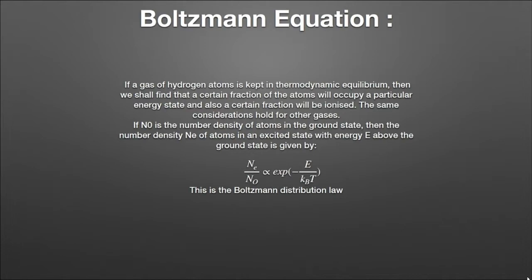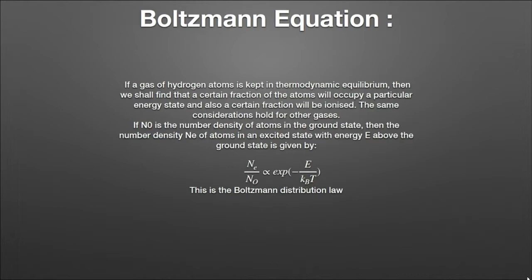If N0 is the number density of atoms in the ground state, then the number density of atoms Ne in an excited state with energy above the ground state is given by this expression: Ne divided by N0 is directly proportional to exponential of minus E by kT. This is also popularly known as the Boltzmann distribution law.